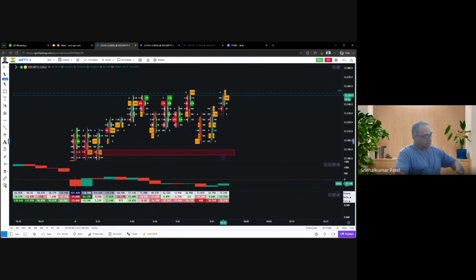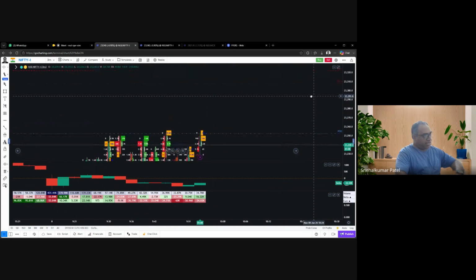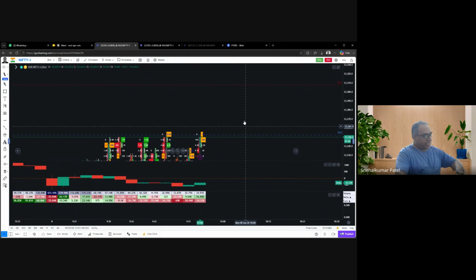The buyers have started executing heavy orders in this candle near the 23,250 level. If it breaks out above this level and sustains, then we can take a trade that will span until this level, which is 23,310.